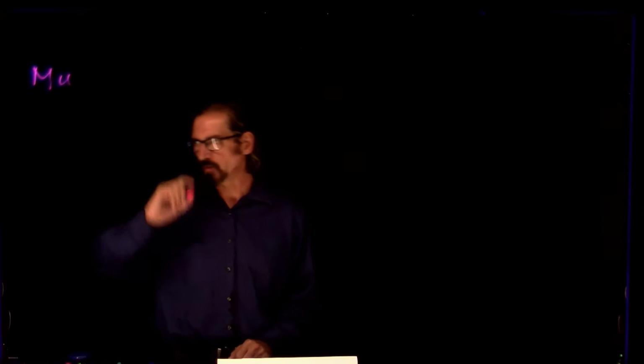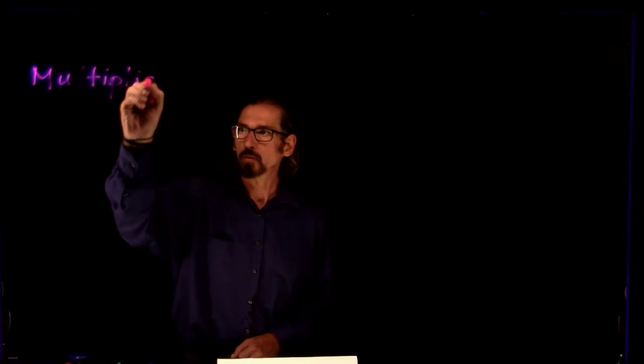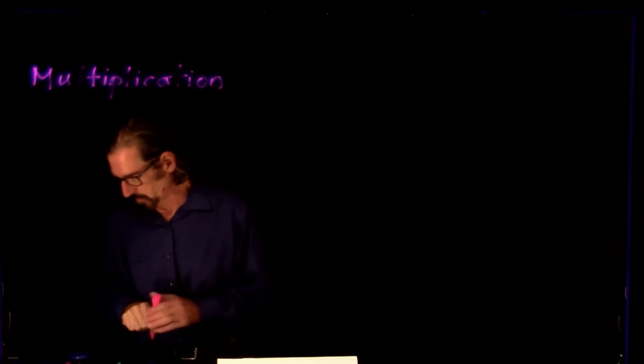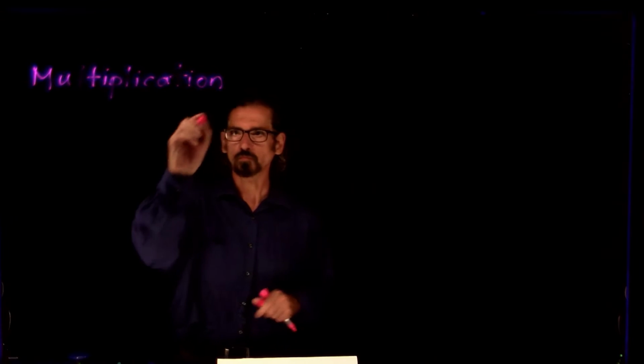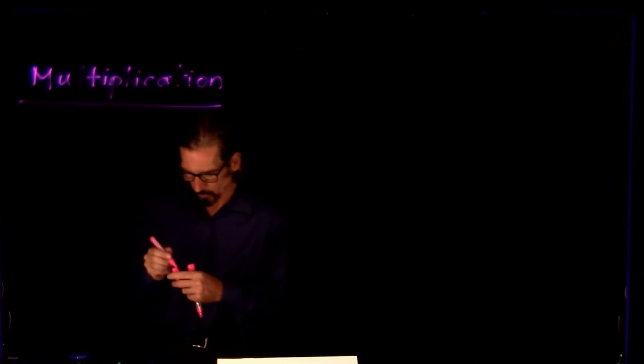With multiplication, not only are we still going to be thinking about the commutative and associative properties and the distributive property, now we can be thinking about that shortcut of FOIL.